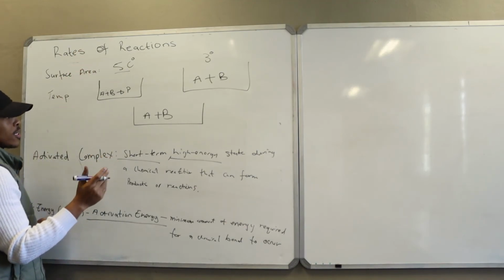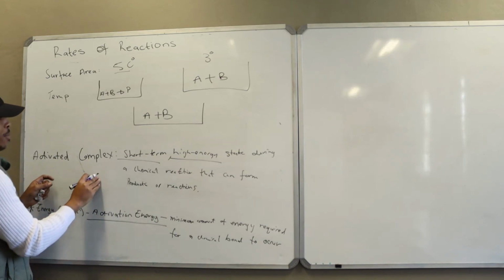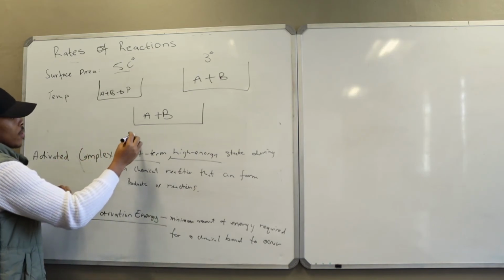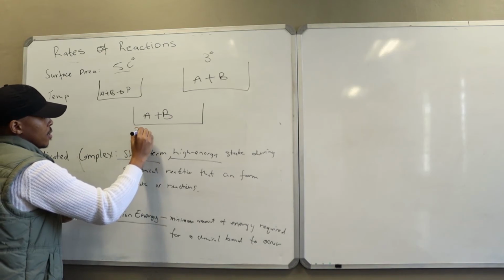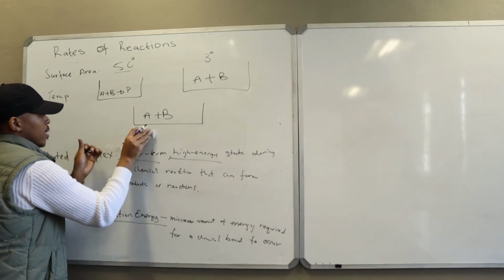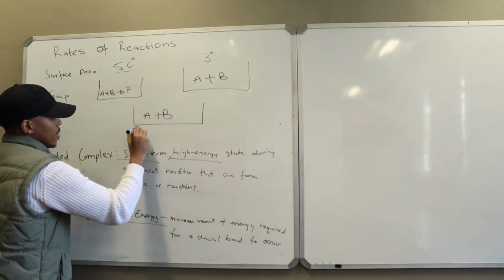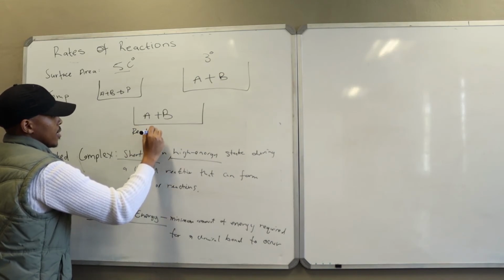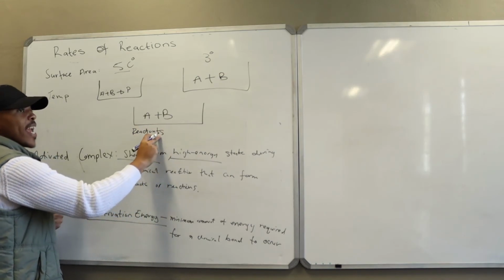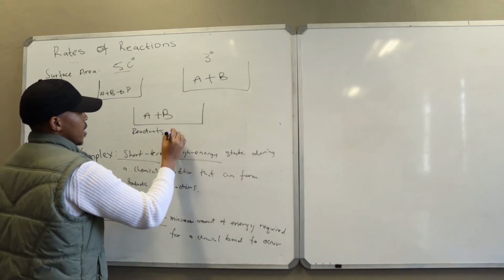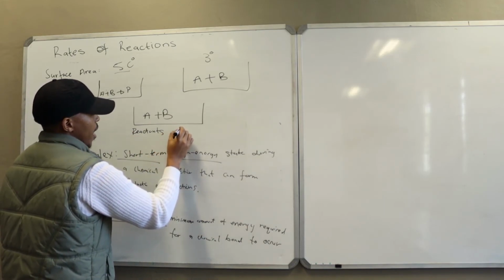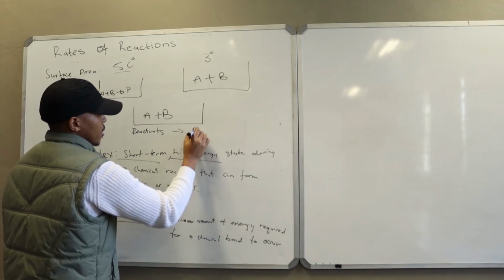The reason it's short term is because of the following. We have here, let's say, reactants. You can say reactants or reagents, it's the same thing. And you have a product.